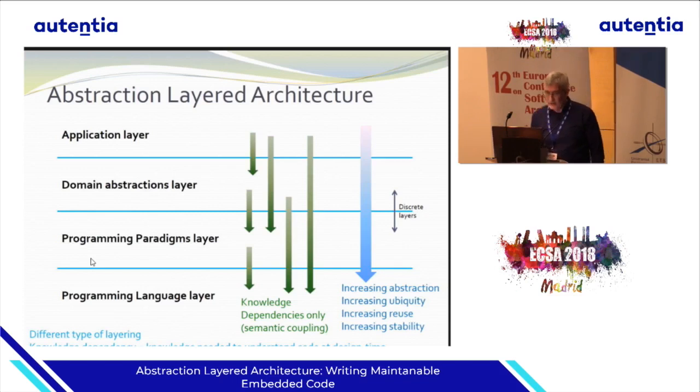This is a very different type of layering from what you'd normally see. A layering pattern typically has runtime dependencies in it. A giveaway that this is happening is if you have hardware in the bottom layer of your pattern, or you have data, the database, at the bottom, or you have UI in the top layer. That covers almost all layering patterns that you'll see, and that layering pattern is very common.